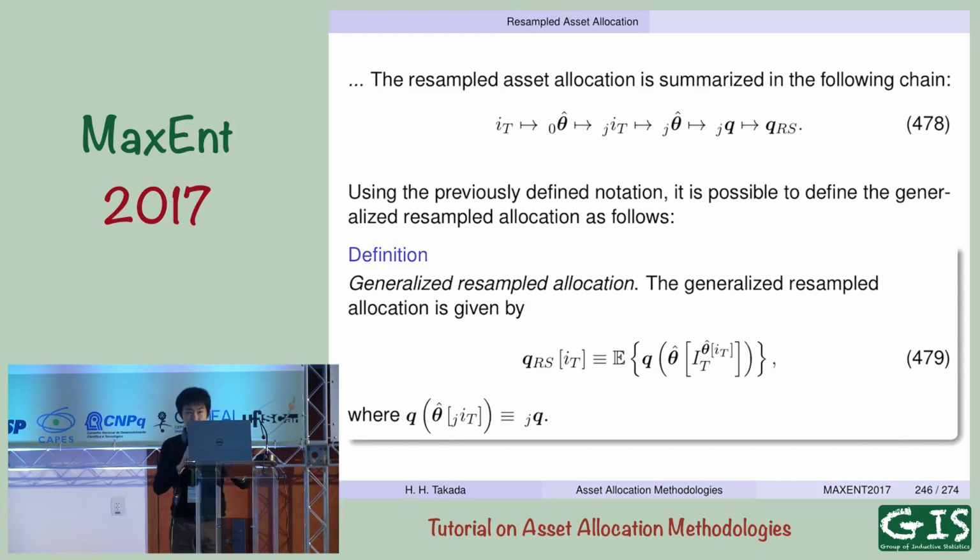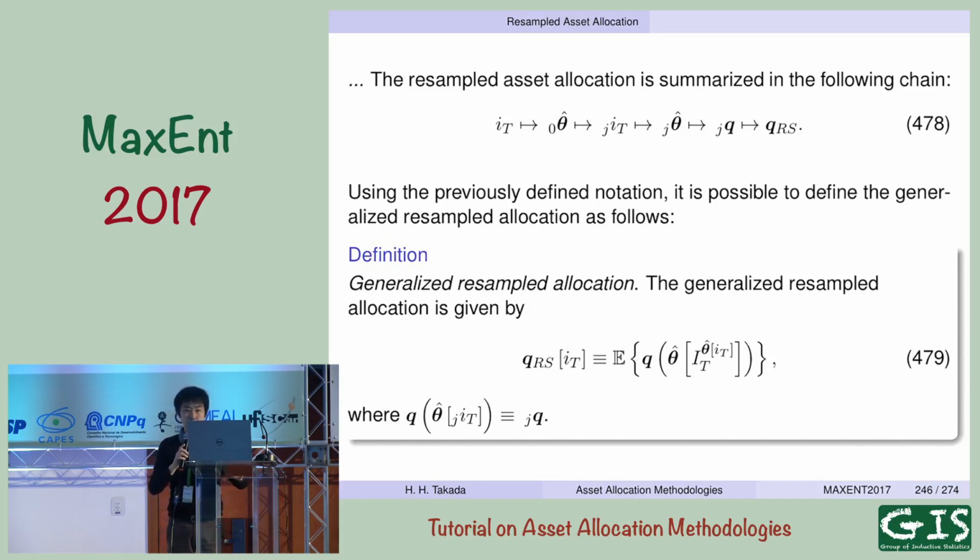So, just summarizing things, we have the observed data, and then the parameters you obtain, estimated from the observed data. Then using the parameters and the model behind that, you generate sequences of market invariants, and for each sequence, you estimate the parameters, and using the parameters, you solve the optimization problem, you obtain an allocation, and then just calculate the average of the allocations, and that is the resampled asset allocation.